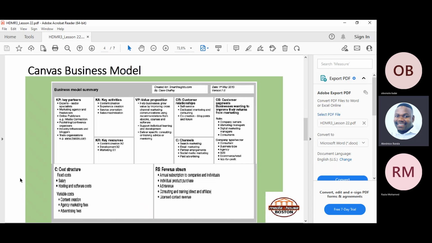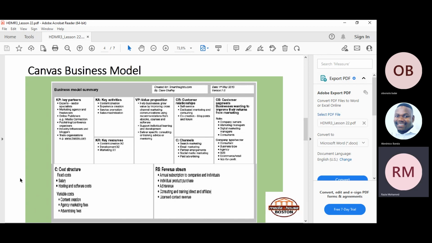Okay. So let's go back and look at the Canvas model. You are starting up a company that needs to enter the market of kids' toys. Which partners would you have there? So let's look at key partners. Who would you partner with? Because if you do not have a partner, your business is bound to fail.